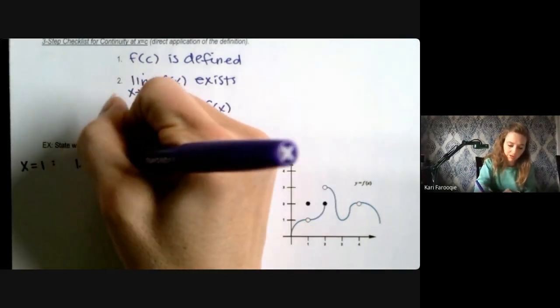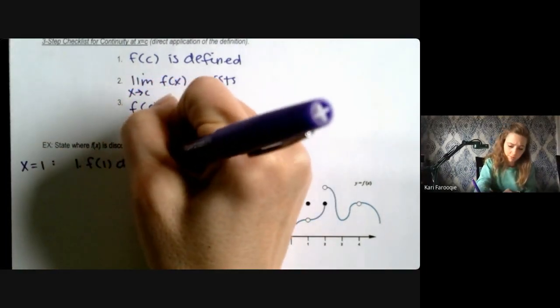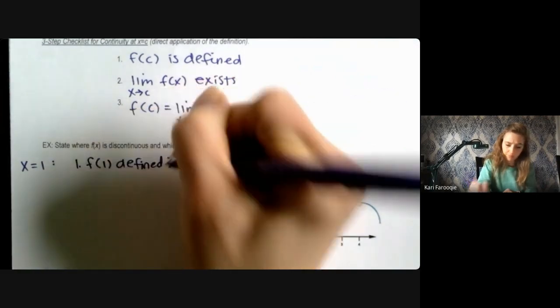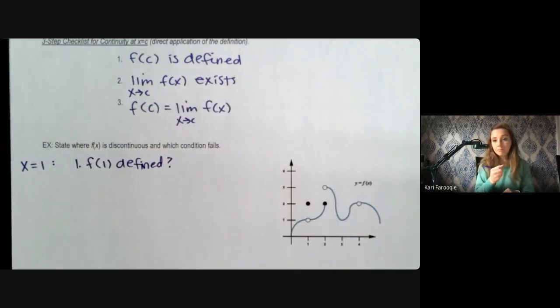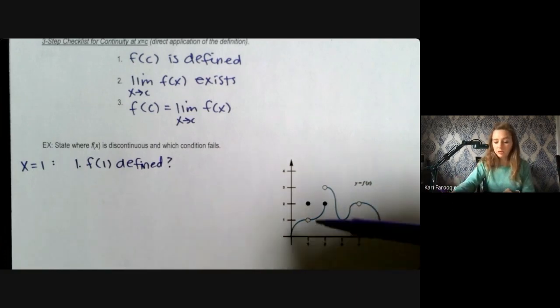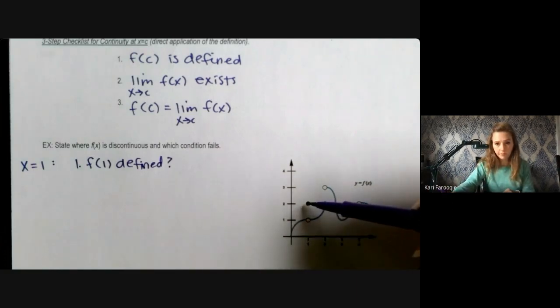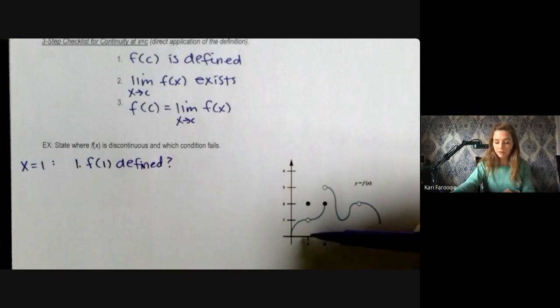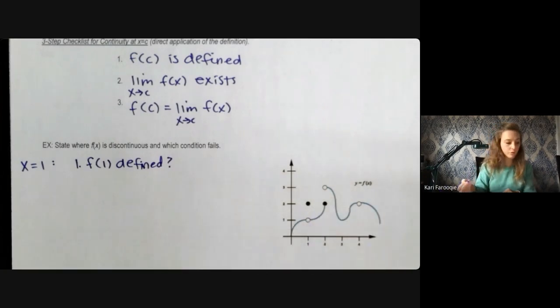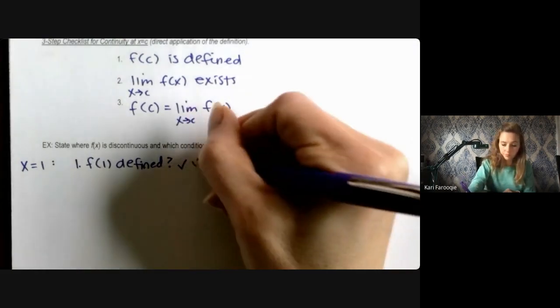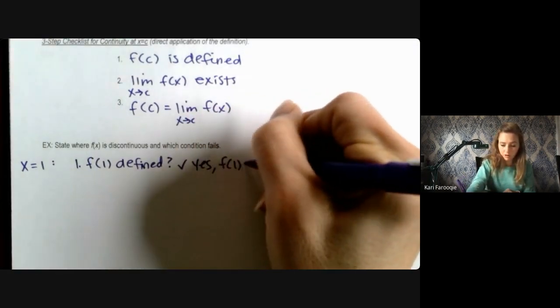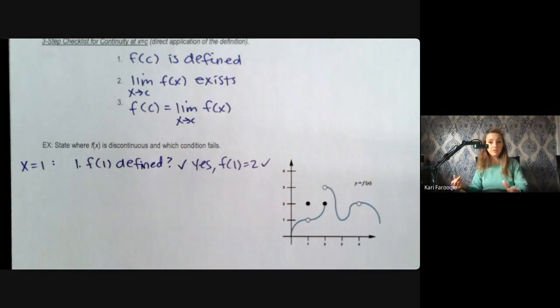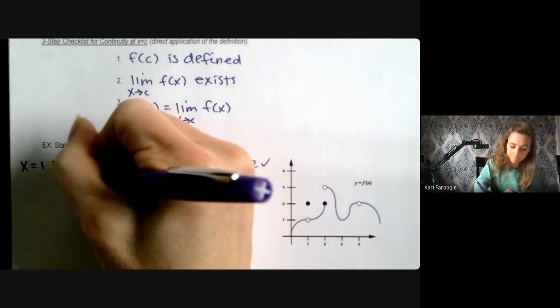And so I'm going to ask, is f of 1 defined? Officially, there is a value of f for x equals 1. So yes, technically f of 1 equals 2. Check. All right, so it's defined, so we don't have a problem there, but we know there's going to be a problem somewhere. So if you're like, oh, this is a bummer, sorry, we got 2 more conditions to check.